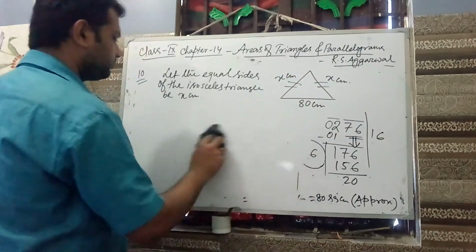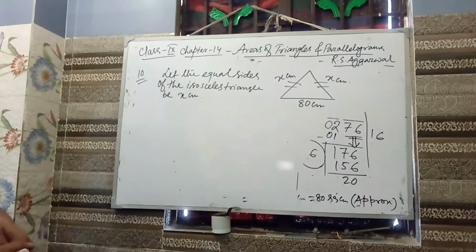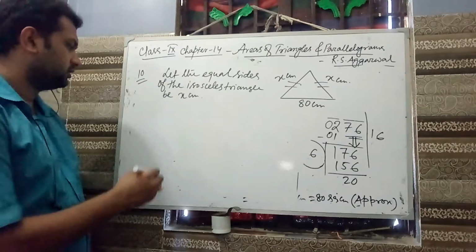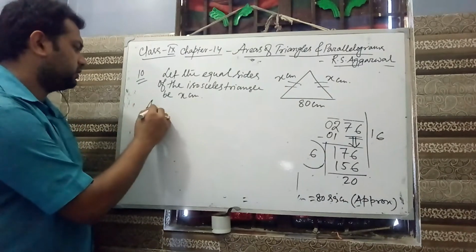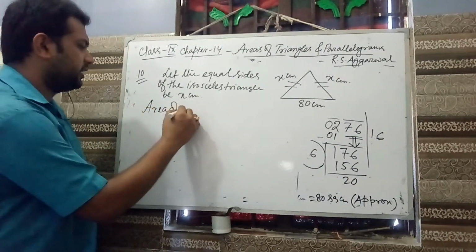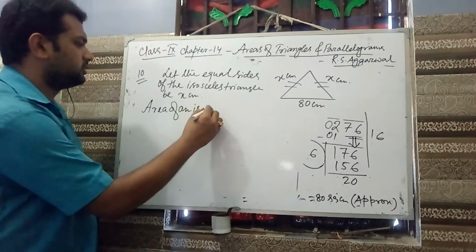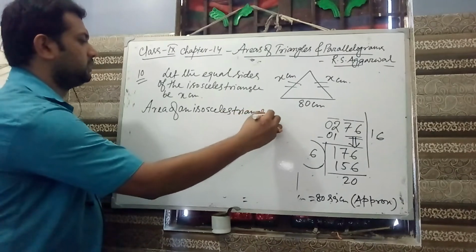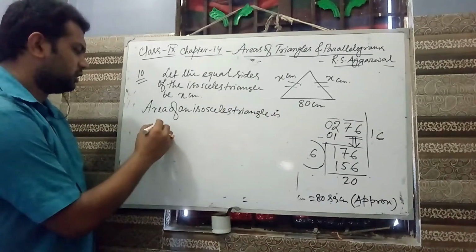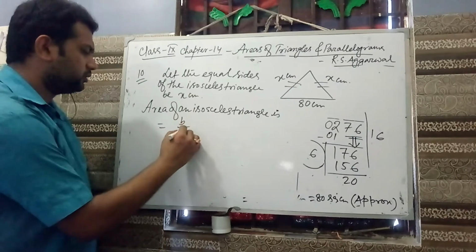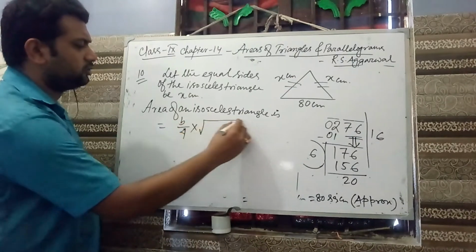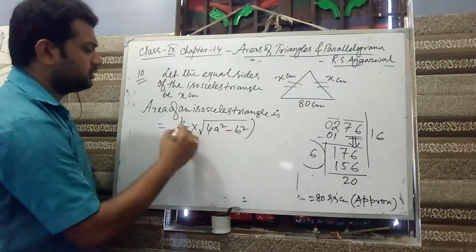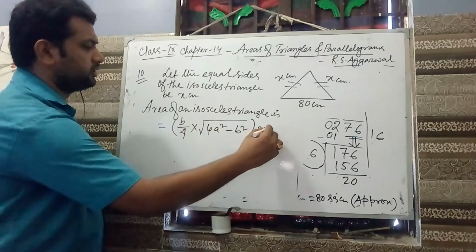So what will I do? We'll use the formula to find the area of an isosceles triangle. Write down, area of an isosceles triangle is equal to b by 4 into root over 4a square minus b square square unit.